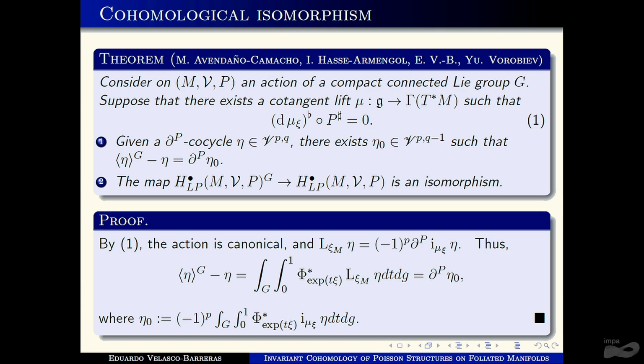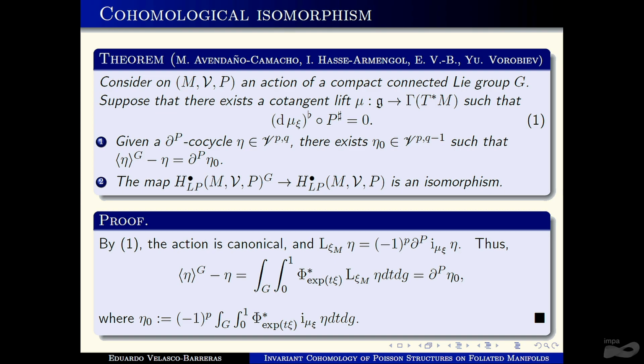And here the fact that the action is canonical is used when we commute the coboundary operator with the pullback by the action, by this diffeomorphism given by the action. So the proof is straightforward.